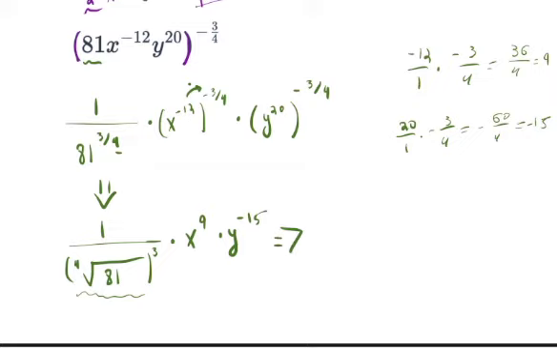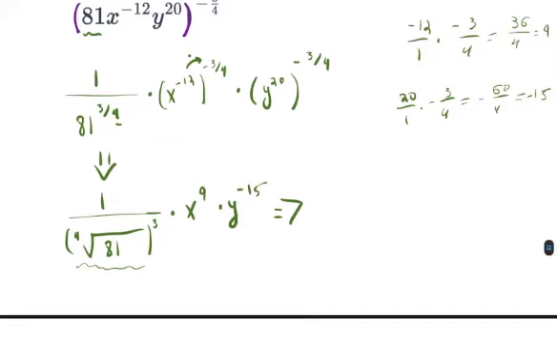All right. The fourth root of 81 is 3, because 3 times 3 times 3 times 3 is 81. So we're going to have 1 over 3 cubed, right? Because I didn't deal with that 3 yet, times x to the 9th times y to the negative 15th.